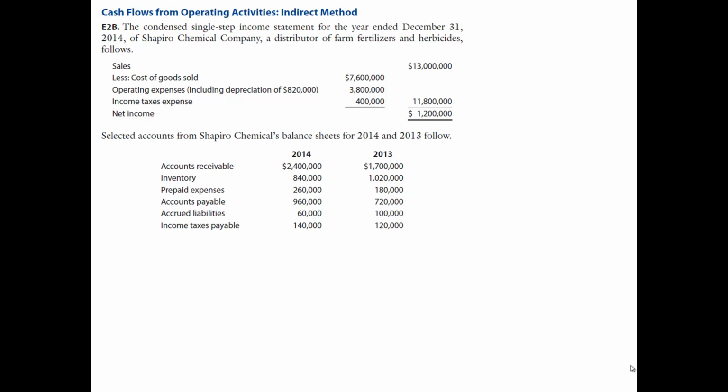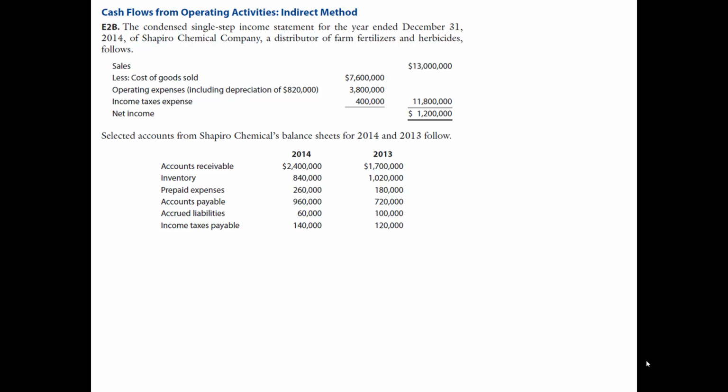And then we look to see if there are any gains and losses. And then we also look to see if there are any changes in our current assets and current liabilities only. So those are the things that you want to remember that go into the operating section, and you can find that detailed in your book.